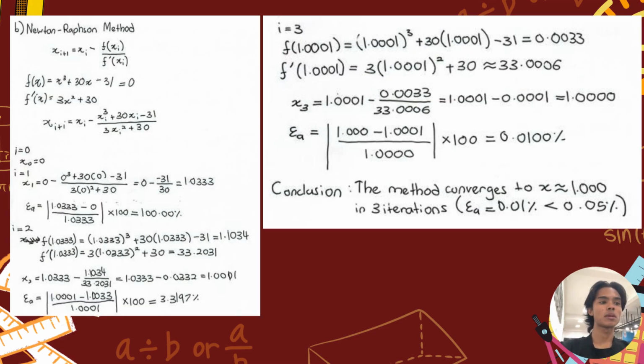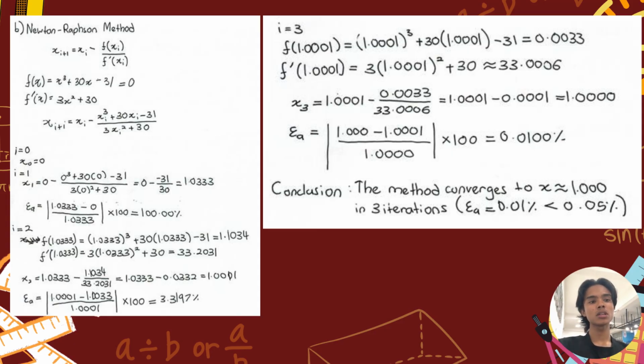As for the Newton method, I0 we got 0, I1 first iteration we got 100% approximate error, and then the second we got 3.3197%, and for the third iteration we got 0.0100%.